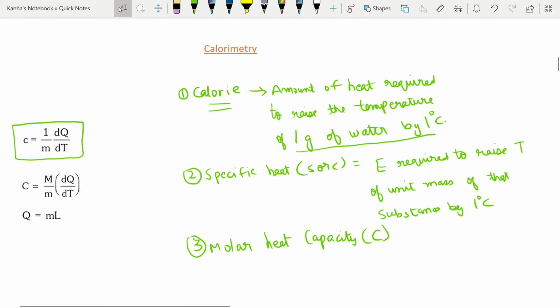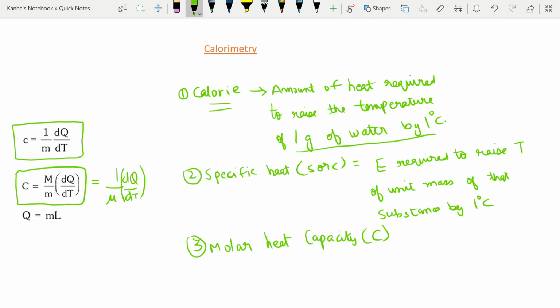So here, C is equal to 1 by mu into dq by dt, where mu is the number of moles of the substance.